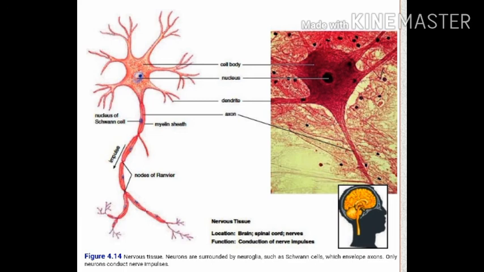Their main function is conduction of nerve impulses, meaning they are responsible for sensing the information from the environment, sending it for processing, and finally reacting to this information. So they are involved in information processing.